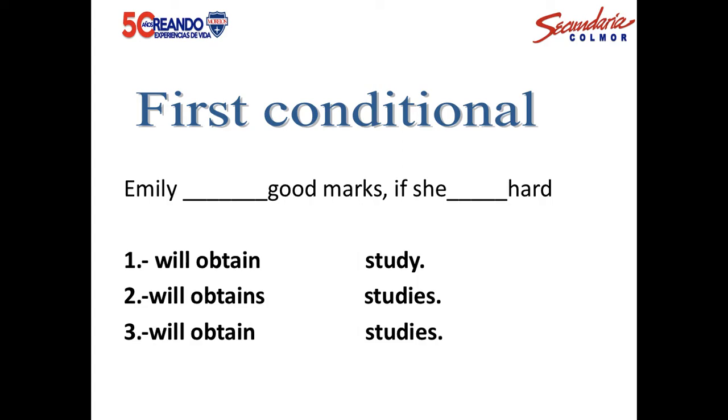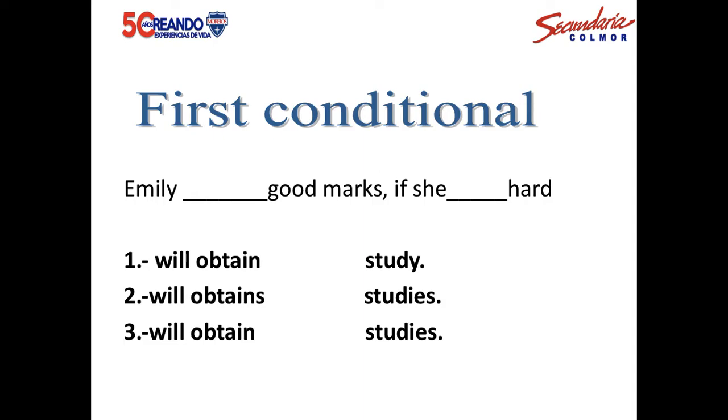Okay, perfect. So now let's check the second activity. We have Emily, space, good marks, if she, space, hard. And we have again three options. Option number one says "will obtain and study," number two, "will obtains and studies," and number three, "will obtain, studies."